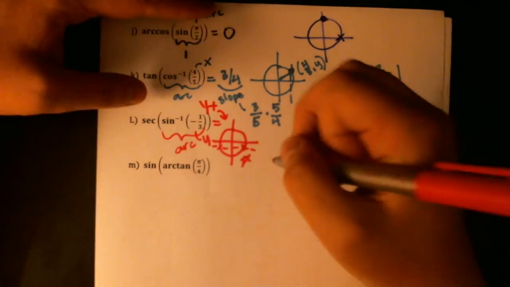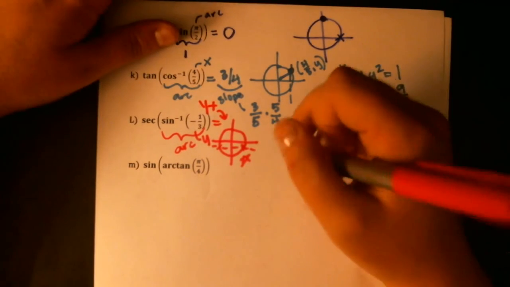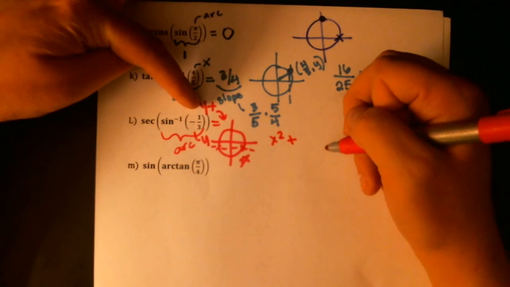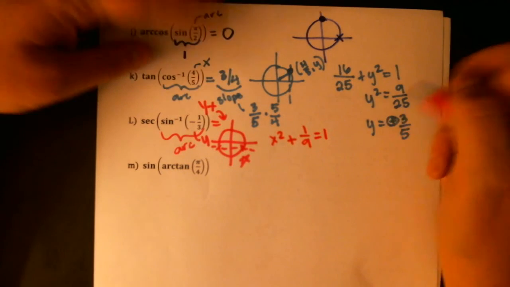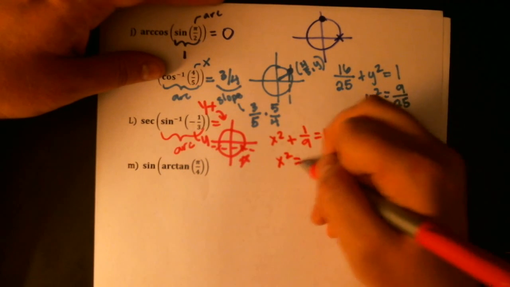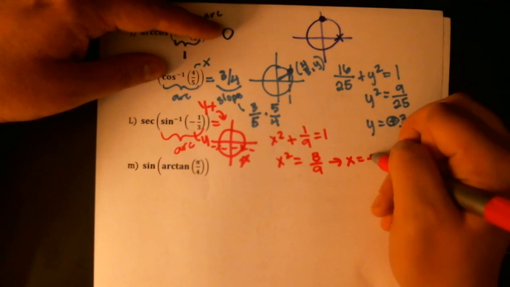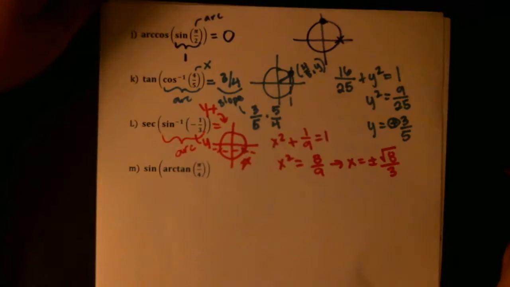So basically, given a y coordinate of -1/3, can you find the reciprocal of x? So we would say, again, Pythagorean theorem, x squared plus (-1/3) squared, which is 1/9, equals 1, which means x squared is equal to 8/9, which means x is equal to plus or minus the square root of 8 over 3.